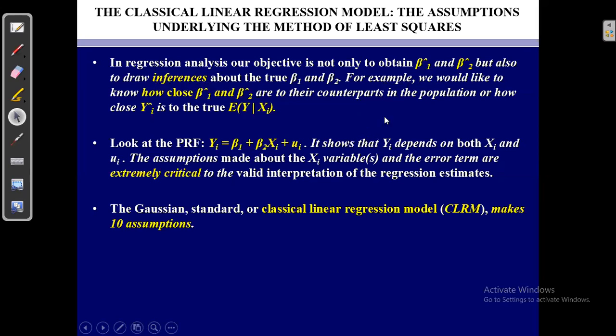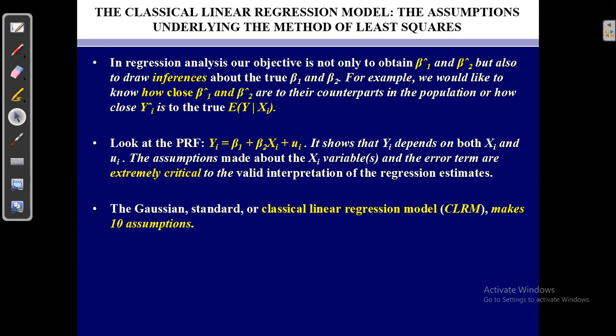So therefore, your purpose is to determine how close the sample values of the parameters are to the actual values. So for that, you need statistical inference. And as you would see, in order to use the estimated model to say something about the actual values, there are certain assumptions related with this particular model that would play a very important role.